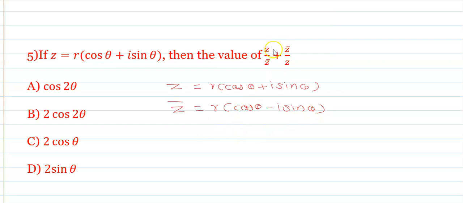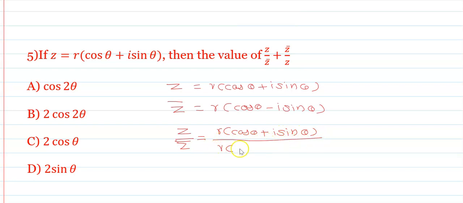Okay. Now first, what is that? Z upon Z bar. Z upon Z bar can be written as, the first is Z. मग इथे किती आला? तर Z, R in bracket cos of theta plus I times sin of theta. This is Z upon Z bar, म्हणजे काय?